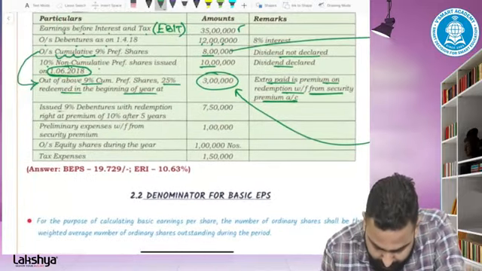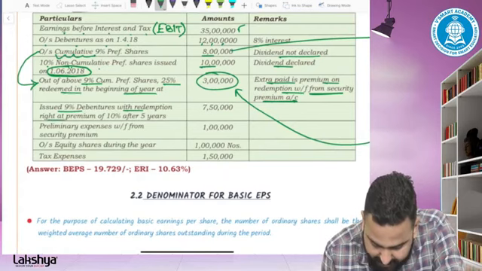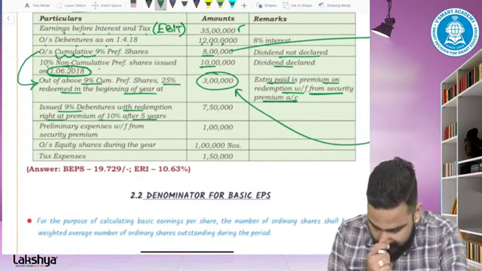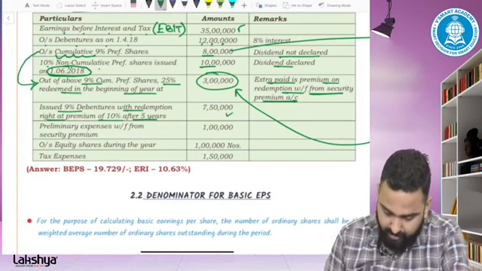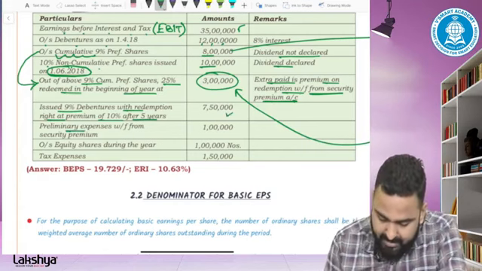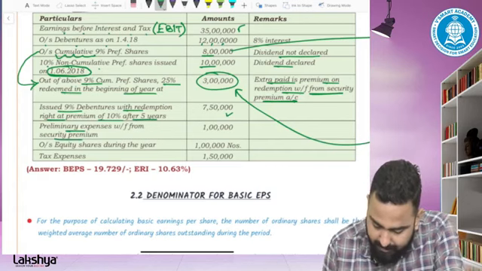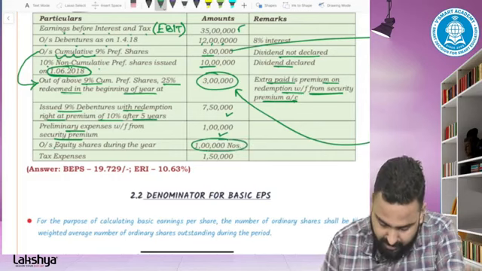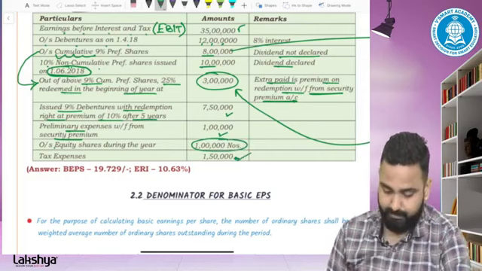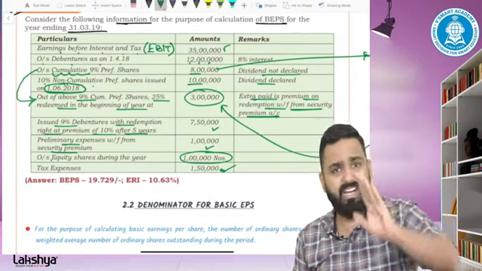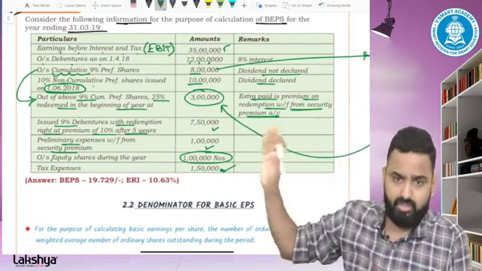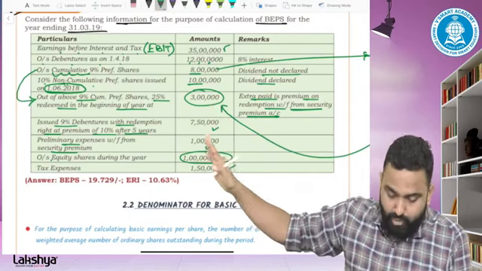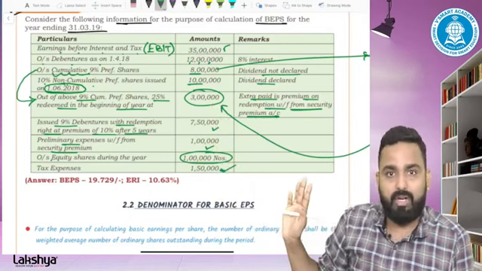Issued 9% debentures with redemption at a premium of 10% after 5 years, 750. Preliminary expenses written off from securities premium, 1 lakh. Outstanding equity shares during the year, 1 lakh numbers. Tax expense 150. So this question is entirely based on the numerator part, since the denominator of 1 lakh is already given.